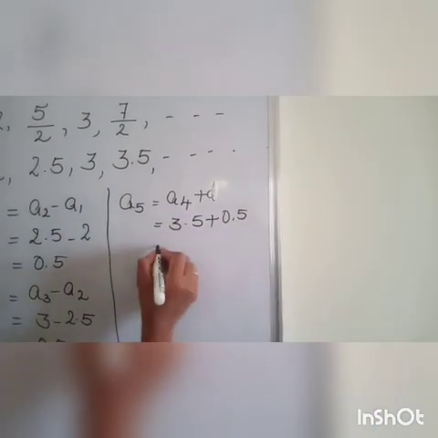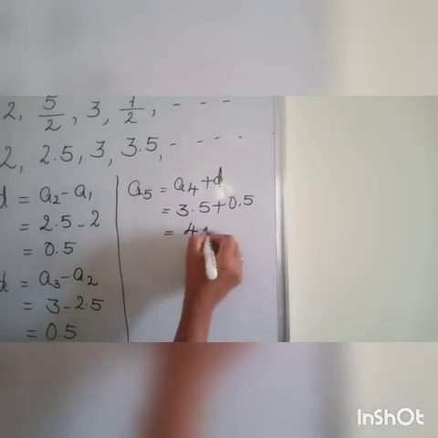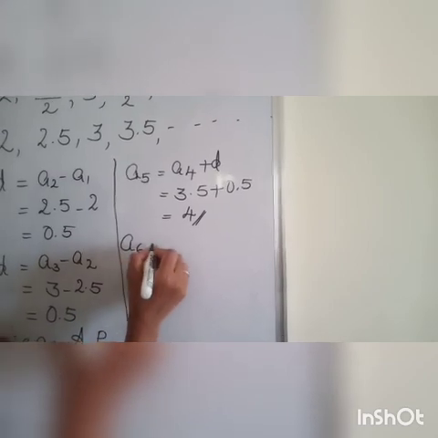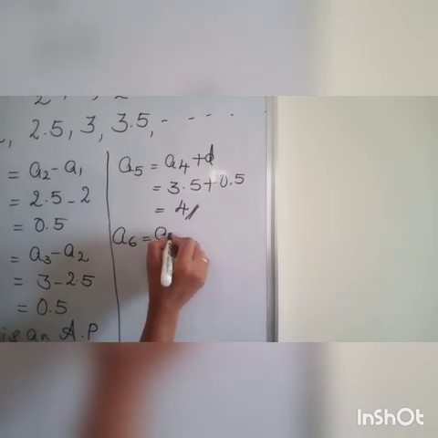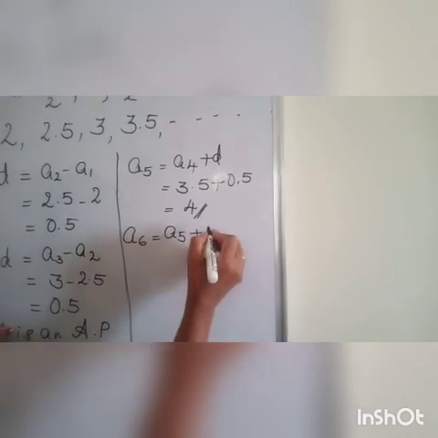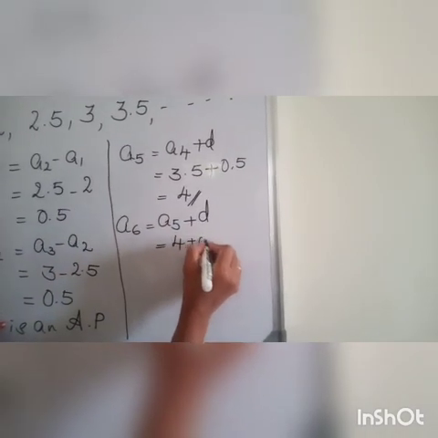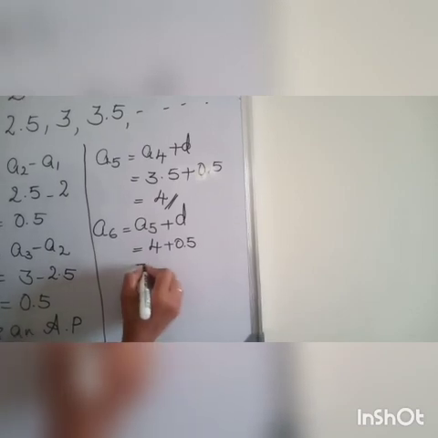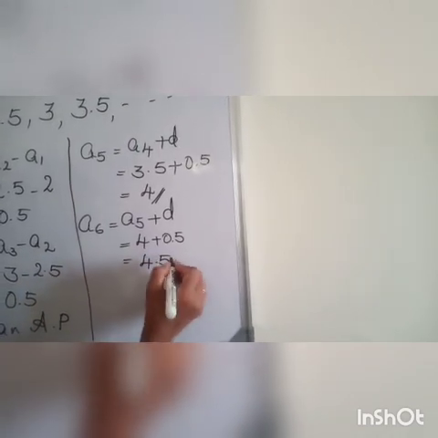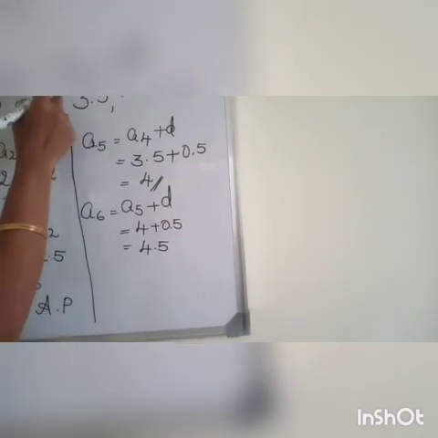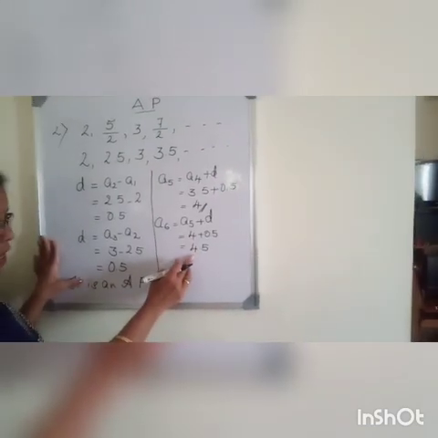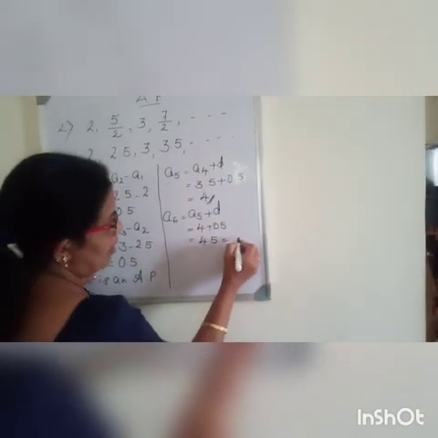It is 4. 6th term is 5th term plus common difference. So A5 plus common difference, that is 4 plus 0.5, which is 4.5. I'll write it as a fraction. Which is a fraction for 4.5? It is 9 by 2.